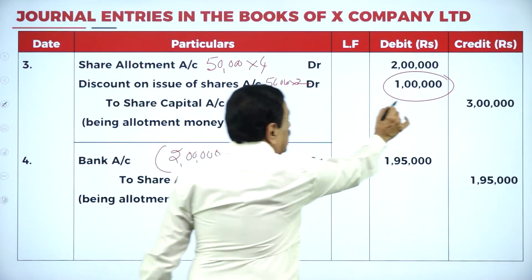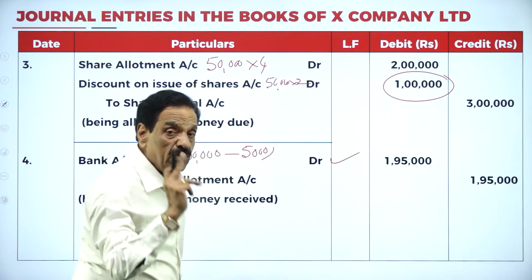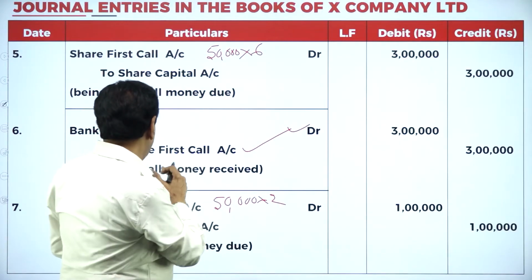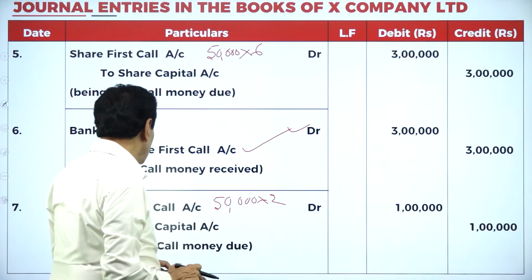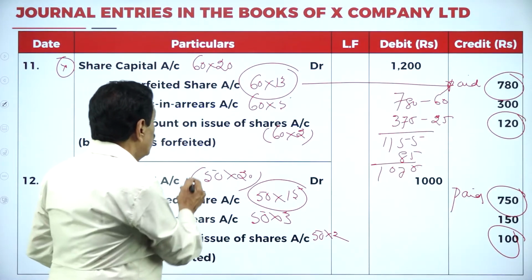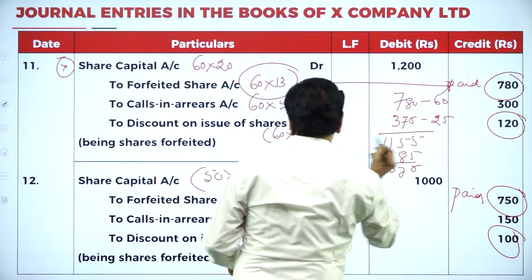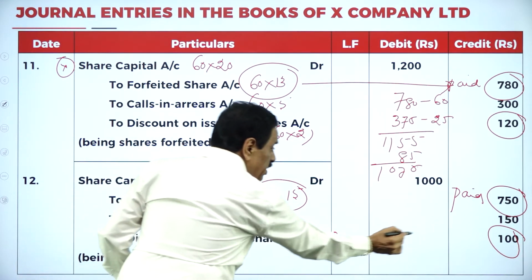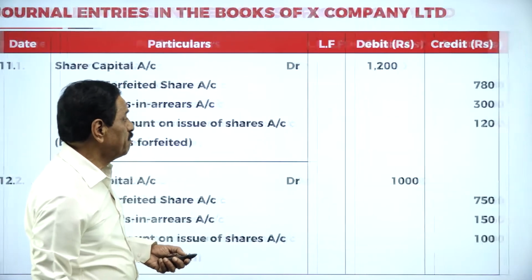Here your debit entry is 1 lakh. Then see where the debit entry will come. There is no other debit side here. Then you got a discount on share: 120 is there, and here discount on share 100 rupees is there.